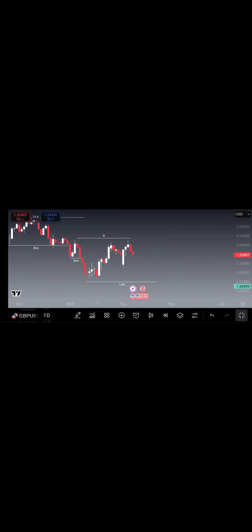So now this is still an internal trend, it hasn't given us signals for a change of character or a shift in market structure or a continuation of the original market structure that we have. Analyzing this now from the daily time frame, I can see that we have a strong level here.